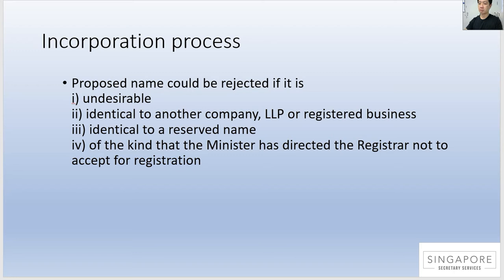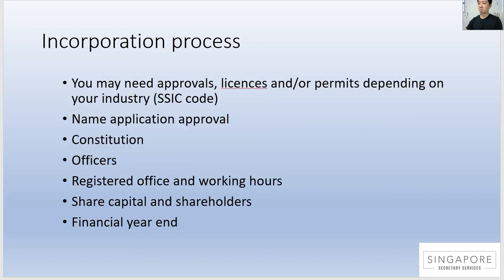reservation process. Once the name has been reserved, we can proceed with the incorporation. If your trade or industry requires licenses or permits, you may need all these approvals first.